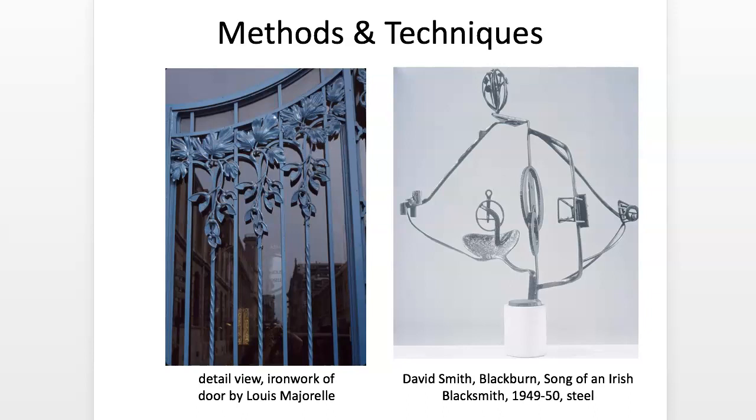You could specialize as a sculptor, but you have a lot of people who actually do work in a number of different types of materials. It just is about pressing into service whatever craft or method or technique will suit the purposes of the sculpture.